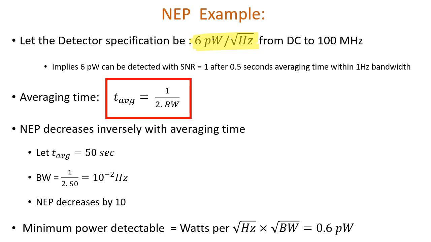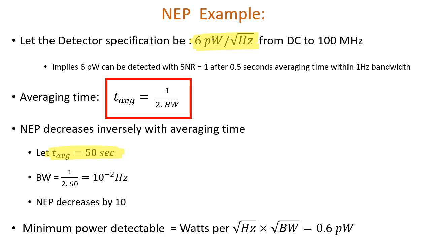Now if I want to detect a signal which is of a lower strength, what do I do? What I do is basically average over a larger time. Let's say I average over 50 seconds rather than half a second. So you clearly see that my bandwidth there would become 10 to the power of minus 2.